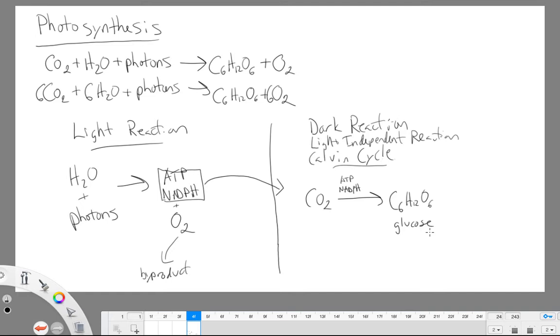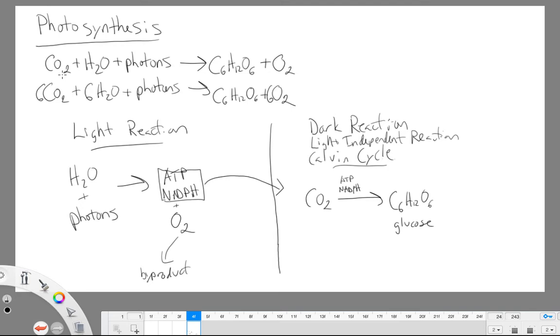Right, so if we're looking at this from an overview standpoint, we see that in this process of photosynthesis, we are taking carbon dioxide, water, and energy from the sun, and we are using that to create a glucose molecule and oxygen.